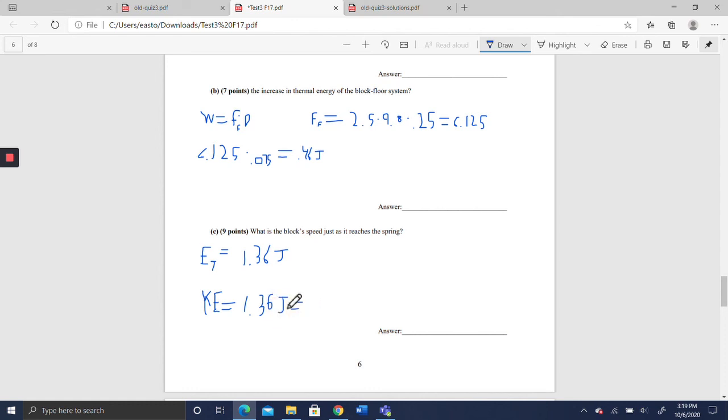Then we just set that equal to our kinetic energy equation, 1/2 mv squared.